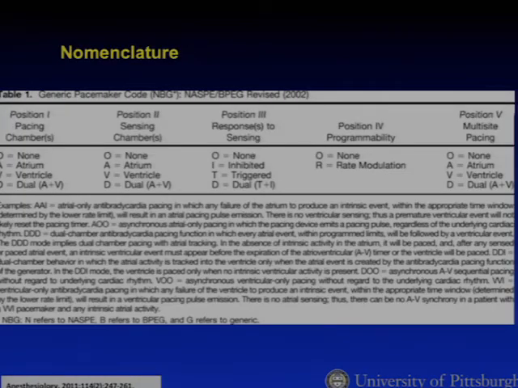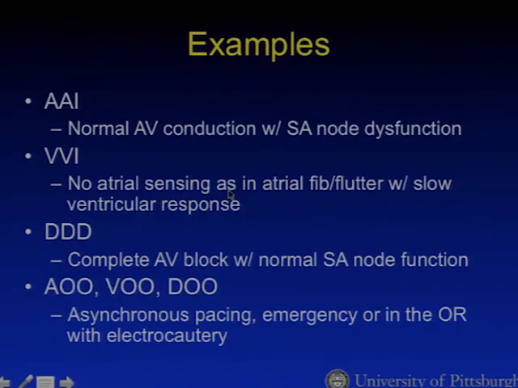Pacemaker nomenclature is standardized such that the first position relates to the chamber paced, second position, chamber sensed, third position, the response. Your options are none, atrium, ventricle, or both. Here we have I for inhibit, T for trigger, or D for dual. Such that you can have an AAI pacer.